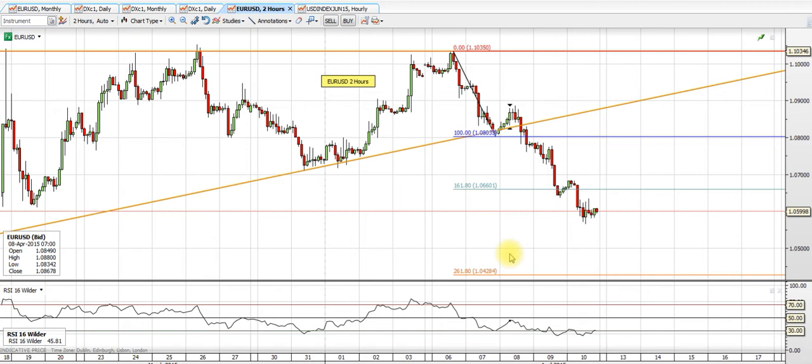Another mild note of caution on the euro dollar is that we have posted a DeMark exhaustion count, and that was posted on the daily chart on the 7th of April. However, DeMark dictates that even though it's a 13 count exhaustion count, you actually take the stop from the lowest candle in that formation.